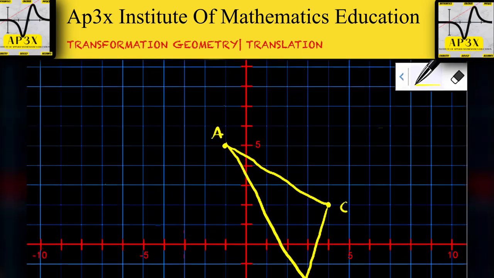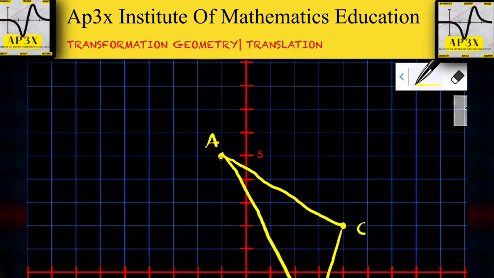So from point A, for me to locate A prime, I'm going to take 1, 2, 3 steps to my left. Then I'm going to take 1, 2, 3, 4, 5 right here. That's going to be my A prime.